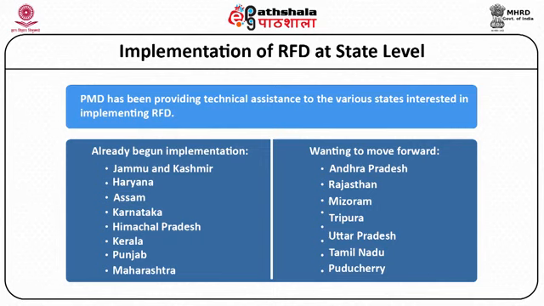The states which have already begun the process of RFD include Jammu and Kashmir, Haryana, Assam, Karnataka, Himachal Pradesh, Punjab, and Maharashtra. The states which want to move forward in the direction of the preparation of RFD include Andhra Pradesh, Rajasthan, Mizoram, Tripura, Uttar Pradesh, Tamil Nadu, and Puducherry.